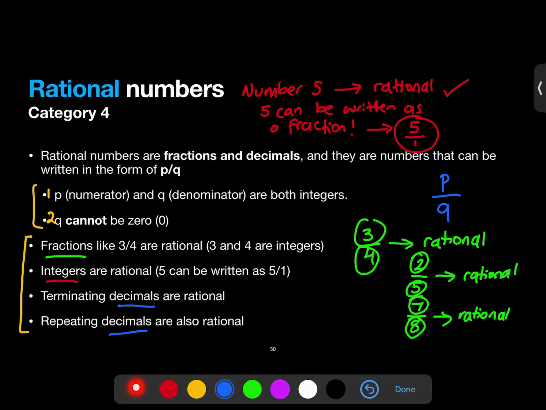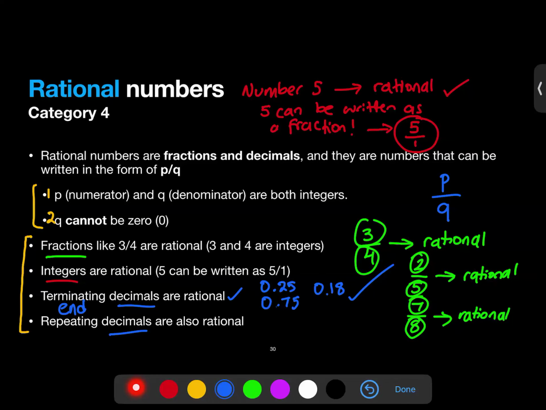Decimals also are rational numbers. So terminating decimals, so decimals that end, are rational. So 0.25, for example, 0.75, 0.18. All of these decimals are rational. And if you're not comfortable with decimals yet, then don't worry, we'll cover that in the next couple topics.